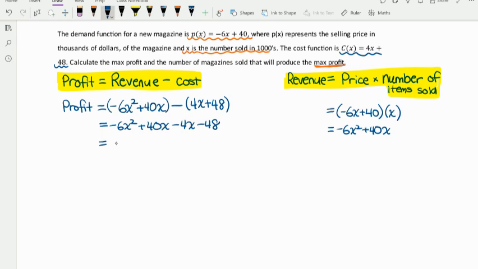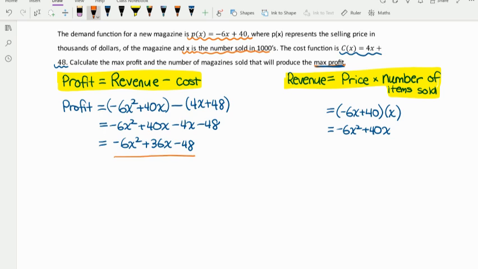Cleaning it up, negative 6x squared plus 36x minus 48. Remember, we're looking for the max profit. That means maximum. So when you're looking for a maximum, you have to find the vertex. Right now, we have a profit function in standard form.